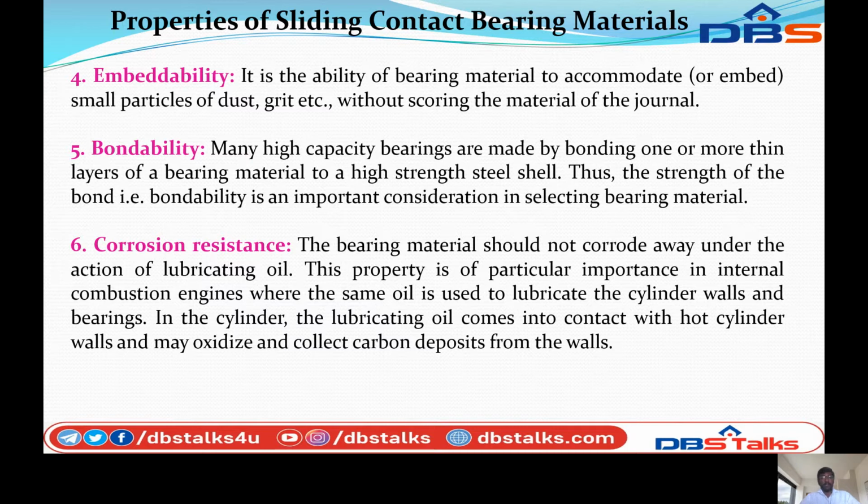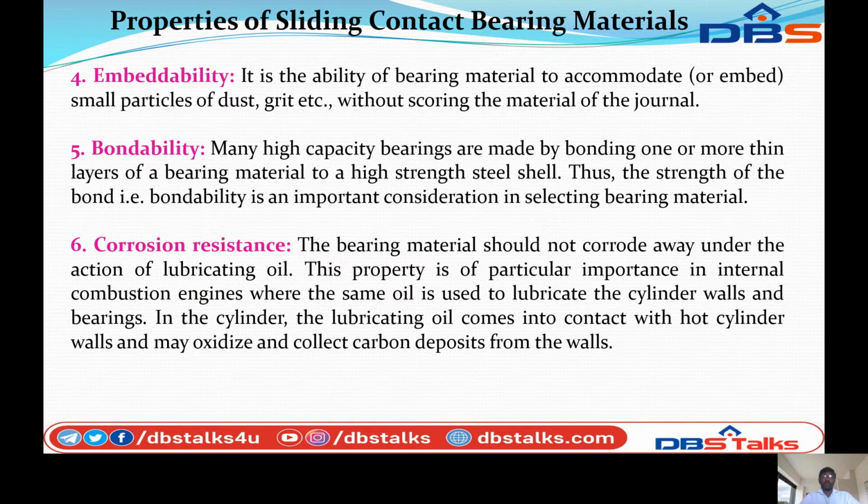Next, corrosion resistance. The bearing material should not corrode away under the action of lubricating oil. This property is of particular importance in internal combustion engines, where the same oil is used to lubricate the cylinder valves and bearings.